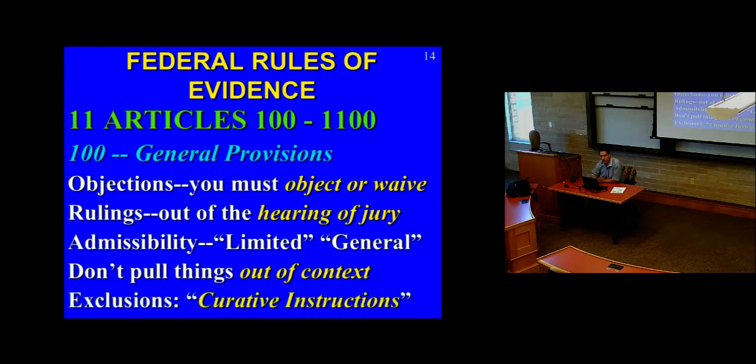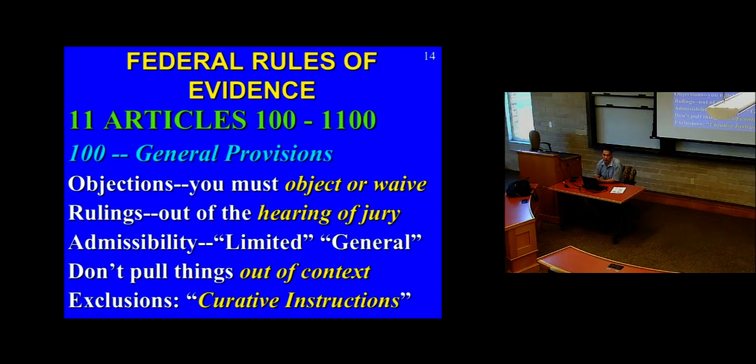There are also these limiting instructions. Sometimes they're also called curative instructions. Let's say that some evidence got in that should not have gotten in, but the witness blurted it out before the objection was made, or before the motion to strike.